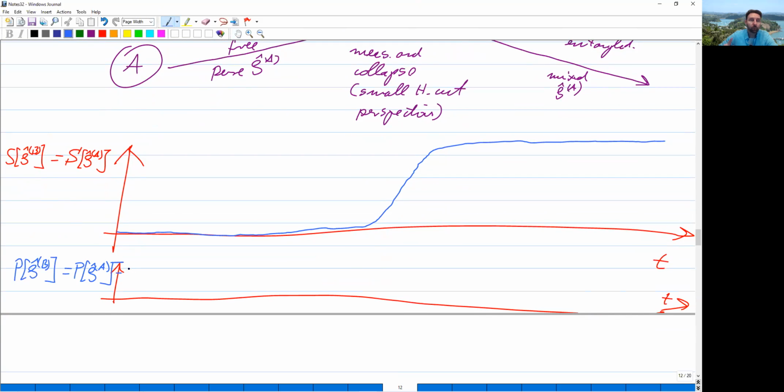Because purity 1 means the state is pure. And when the purity drops, that's when the state becomes mixed. So the purity stays at 1 until the interaction kicks in, and then it diminishes, and then again it stays relatively constant. Those waves are not intended. It's a plateau, and then it drops during the interaction, it becomes a mixed state, and then it stays straight over here.